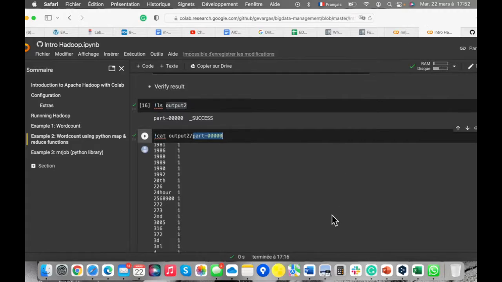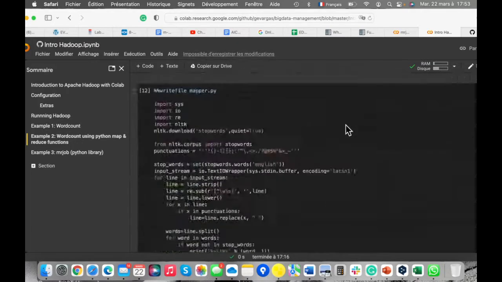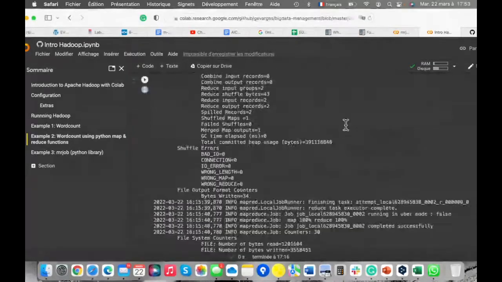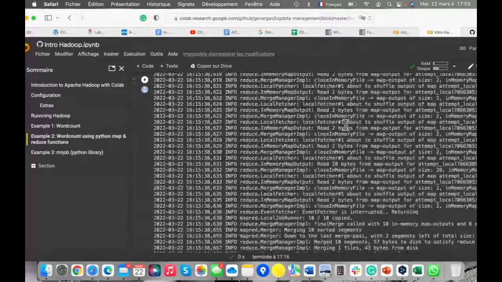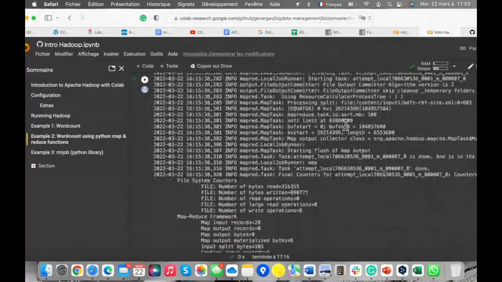Yes, teacher. So now comparing the first example with the second example. In the first example, we also used map and reduce functions. But we didn't cut them, I think. I was lazy. No, I was not lazy. In fact, I will show you today.